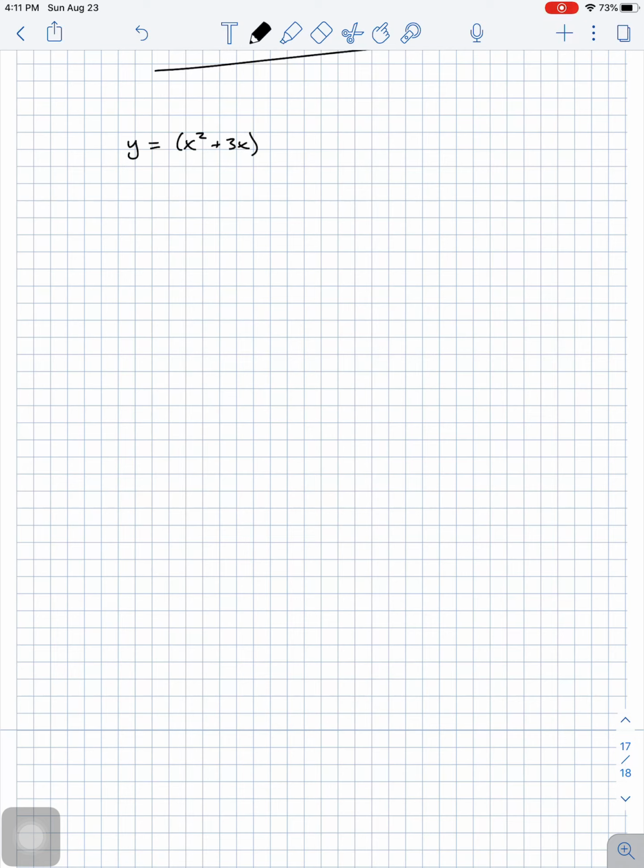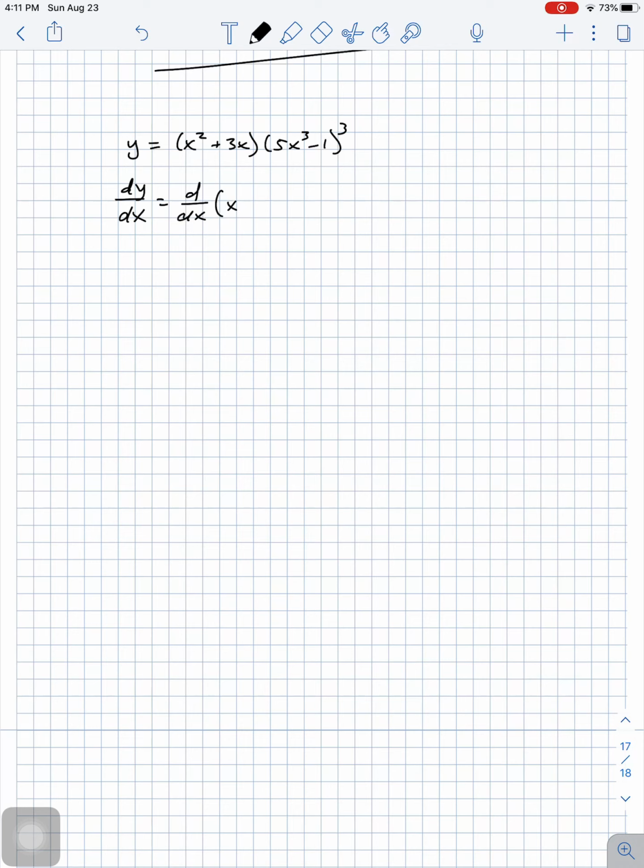X squared plus 3x, and then 5x cubed minus 1 cubed. If I want you to find the derivative of this, this is just a product rule, right? The problem is that when it's a product rule, there's a chain rule embedded in it.